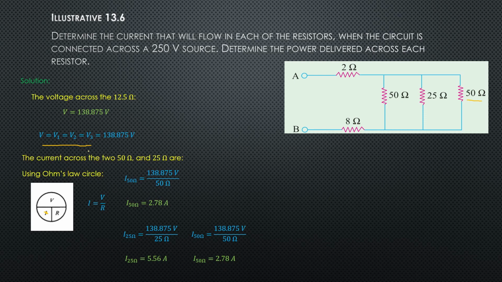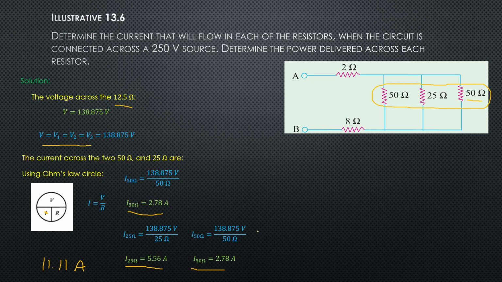Now, the combined resistance of these three resistors is 12.5 ohms, right? Then if you total these three currents, this gives us approximately 11.11 amperes of current, and that is similar to the current that flows through the 12.5 ohm resistor.